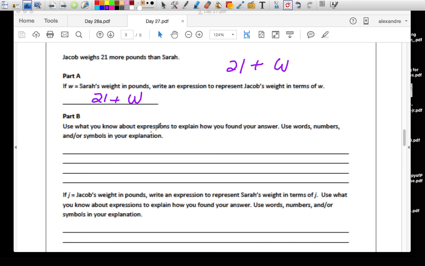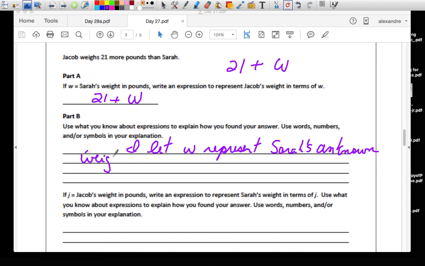Use what you know about expressions to explain how you found your answer. What? You know, sometimes these don't make any sense. I found my answer. Let's see. I let W represent Sarah's unknown weight.